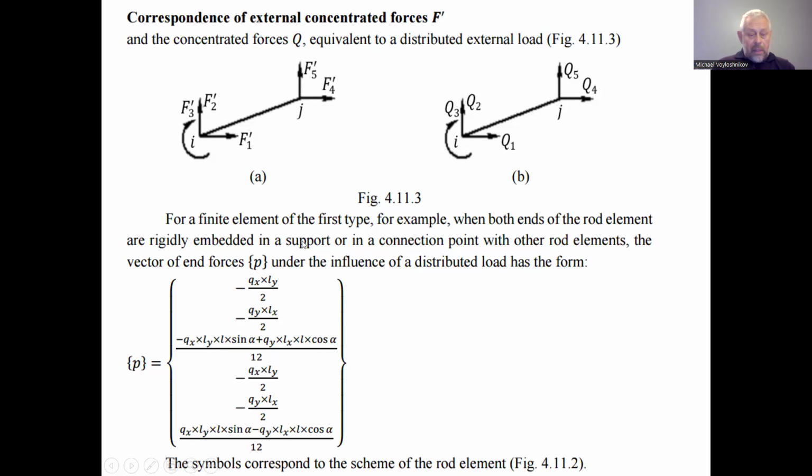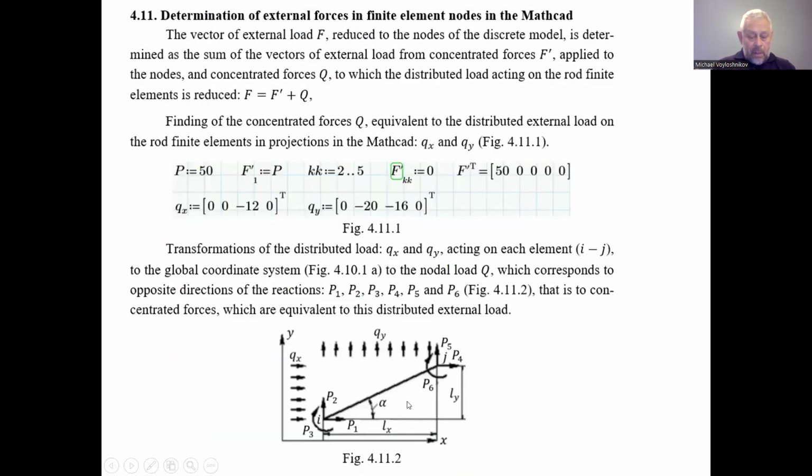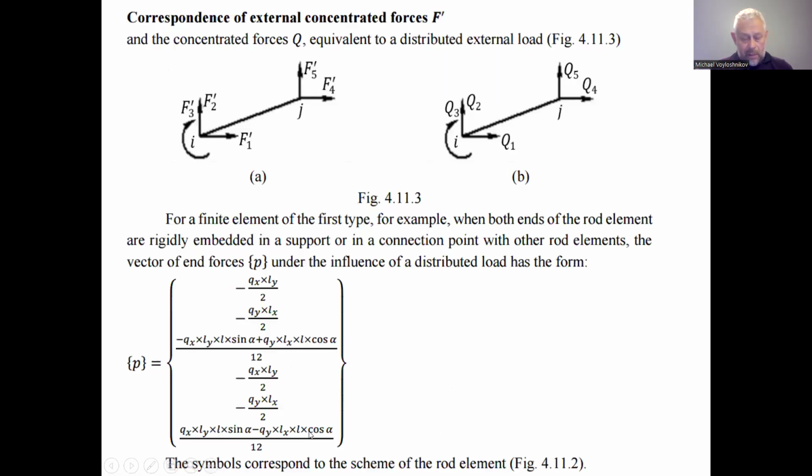So this is P1, P2, P3. P1 is the force, P2 is the force, P3 is the moment. So P6 in the standard solution for the finite element of the first type is minus P3. You can see that it is the same, but with the minus sign.